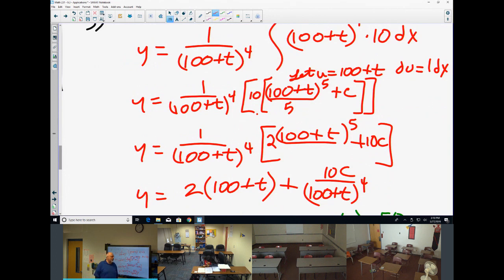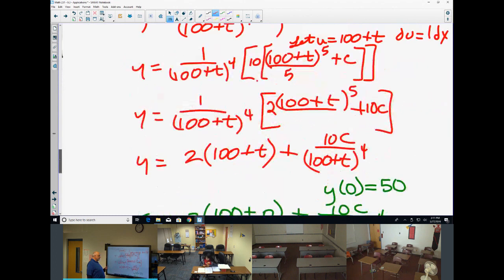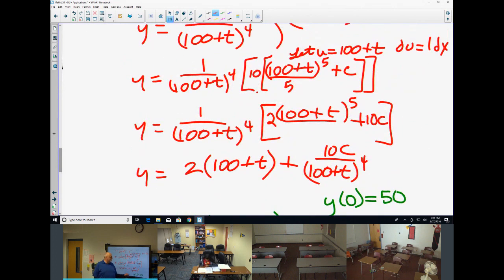Okay, so now that's the general solution. Now what I have to do is use the initial condition that y of 0 is 50 to figure out what c is.